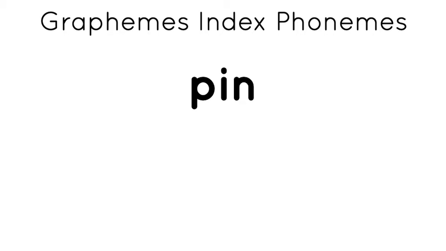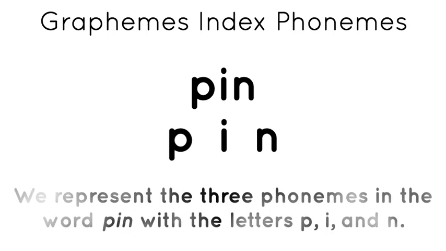Remember that graphemes index phonemes. So for instance, if we have the word pin and we segment it into its individual phonemes, we hear p, i, n. We hear three phonemes and we represent them with the letters P, I, and N. In this case, the P, the I, and the N are graphemes.